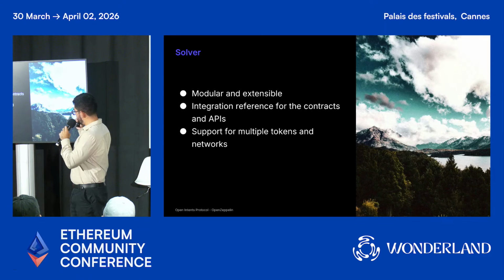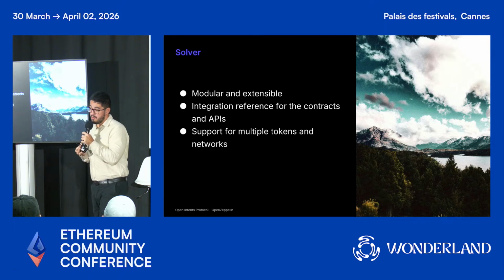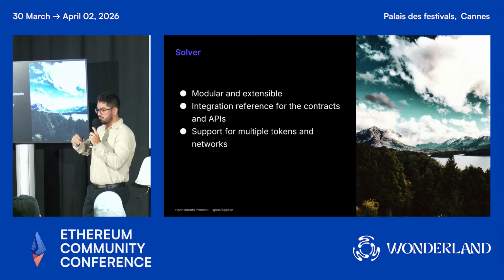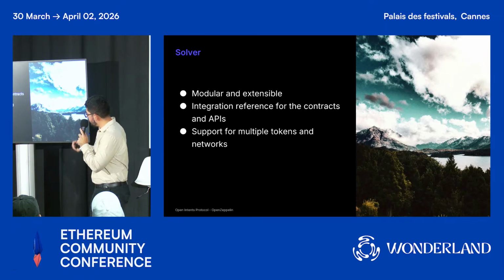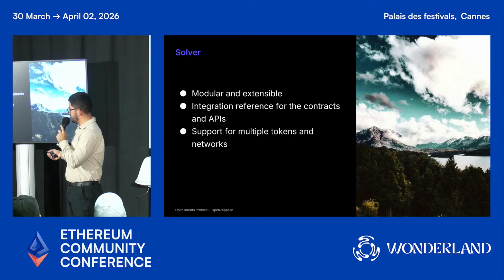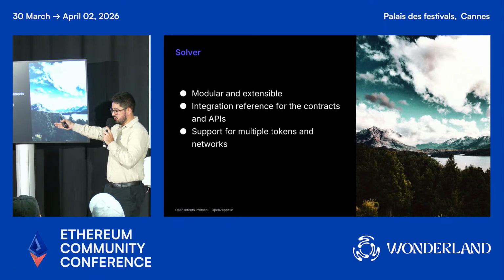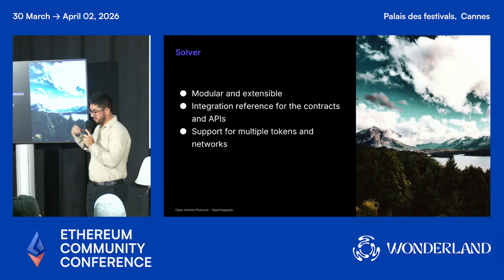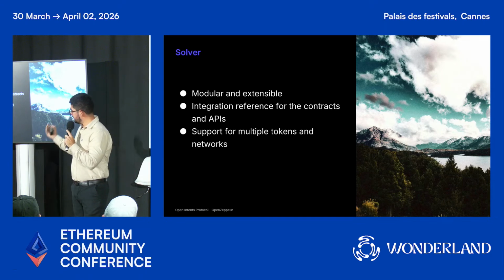It is of course fully integrated with the contracts of OIF, supports multiple tokens, and supports multiple networks. Also worth mentioning that if I just want to switch one implementation for another, I could do it as simply as that. If I, for example, trust this oracle and I don't want to use this one for fast finality, I just go and change it.